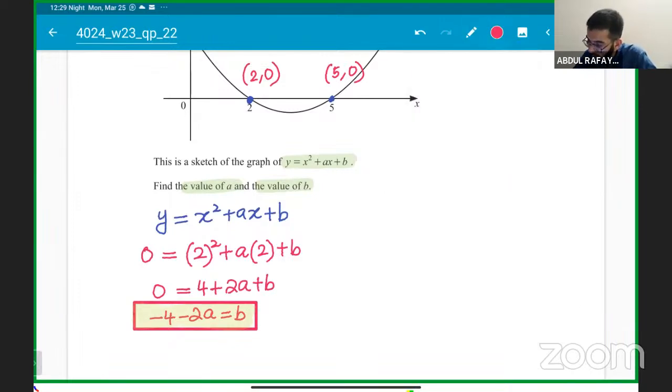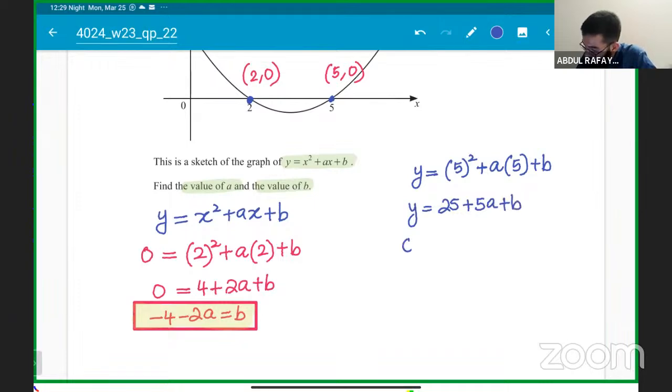The other one will be y equals 5 square plus a times 5 plus b, so y equals 25 plus 5a plus b. Since y equals 0, we get minus 25 minus 5a equals b.